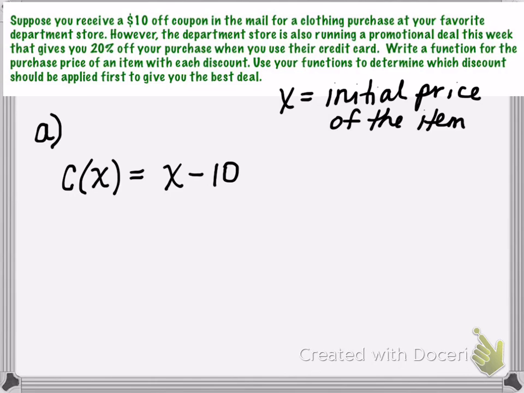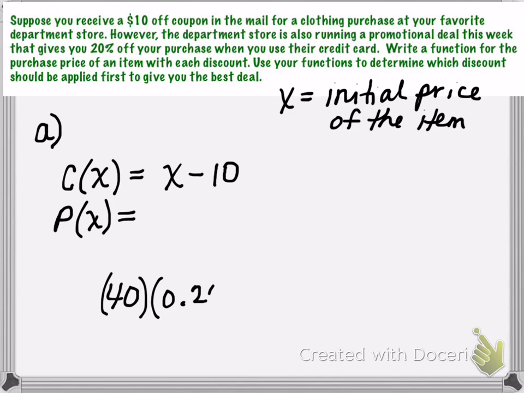Then the second deal is if we use the 20% off when we use the credit card. I'm just going to call that P for percentage. So what does the function look like if we apply the 20% off? Maybe it'll help you to do numbers first. Say you bought a $40 item, but it's 20% off. So 20% of $40, you would multiply by 20%.